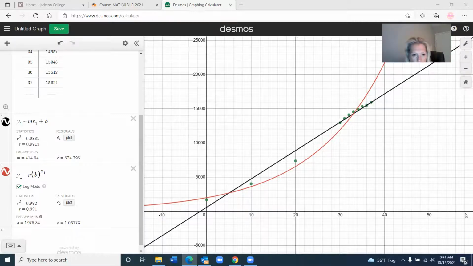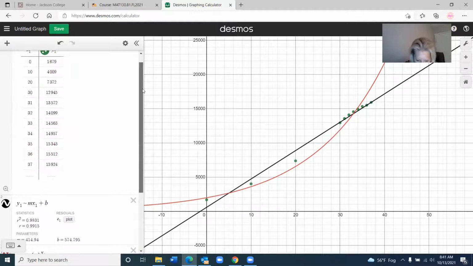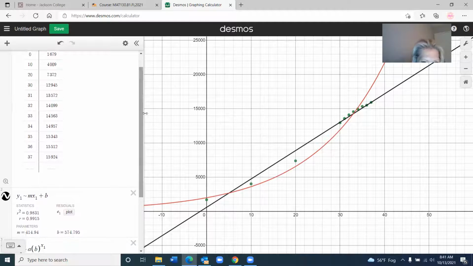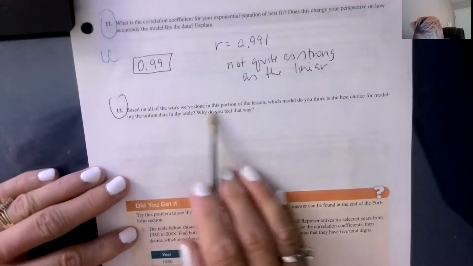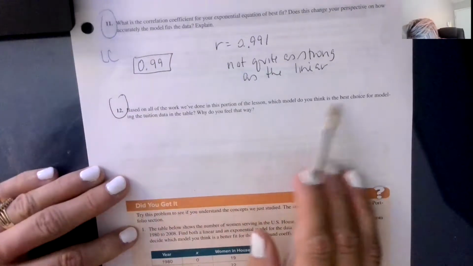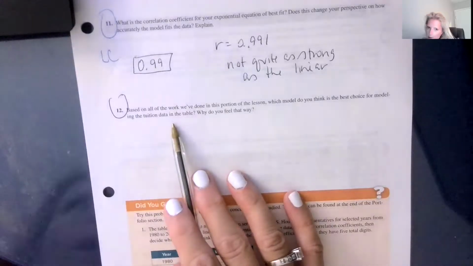And the number 12 here, so let's go back to that. I just want to make sure we have all the details in here. Okay, so we're going to go back to my paper and answer our last question, number 12. It says, based on all the work we've done in this portion of the lesson, which model do you think is the best choice for modeling the tuition data in the table? Why do you feel that way?